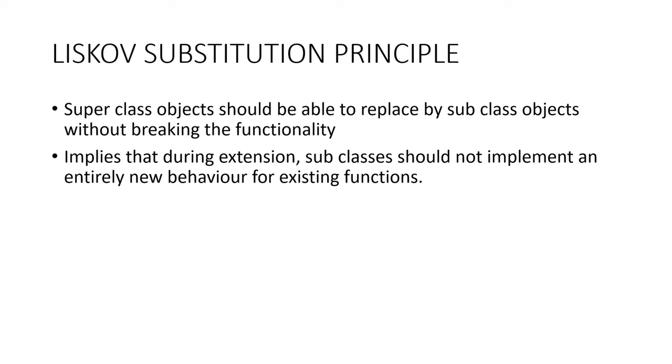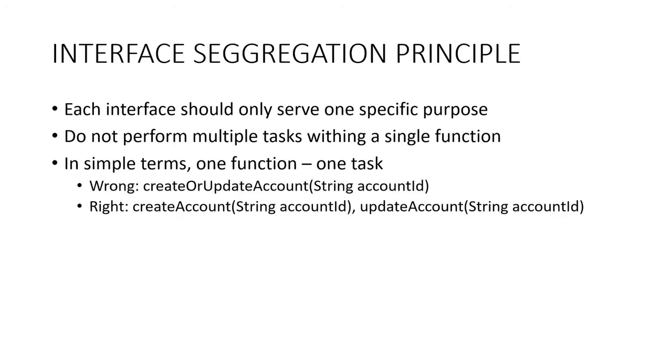After that, we have I for interface segregation principle. This simply means each interface should serve only one defined task. So what is an interface in this case? This can be a service endpoint. This can be a function.